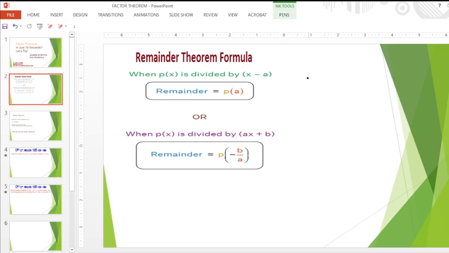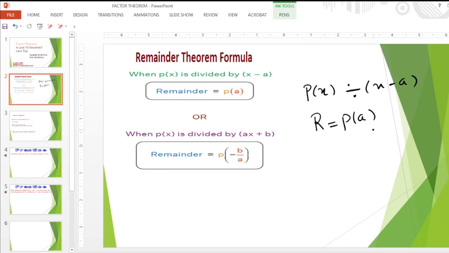I'll briefly tell you that the remainder theorem says when a polynomial is divided by another polynomial, you can easily find the remainder as p of a without using the long division method. And how do you find a? You equate the divisor to 0, find x is equal to a, and substitute that value in the polynomial.